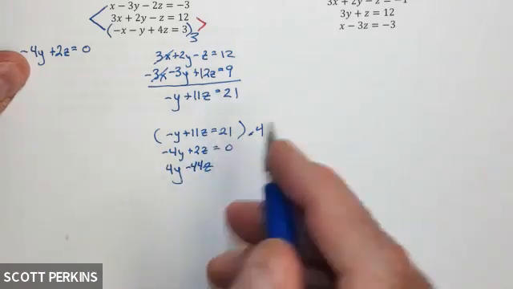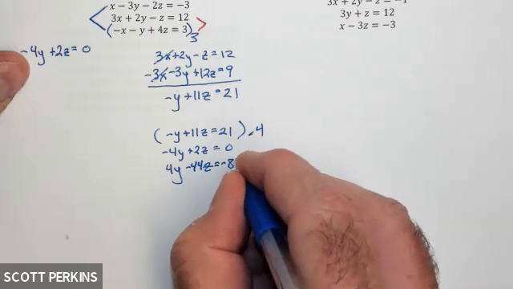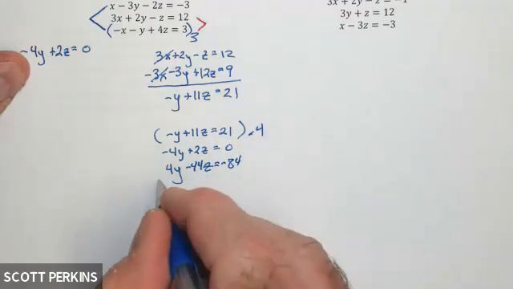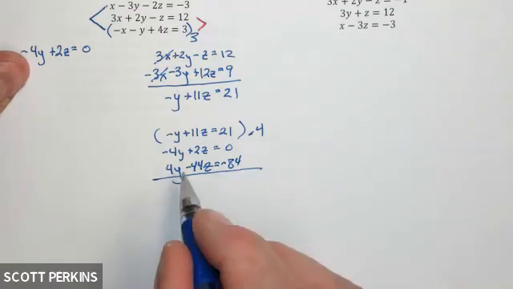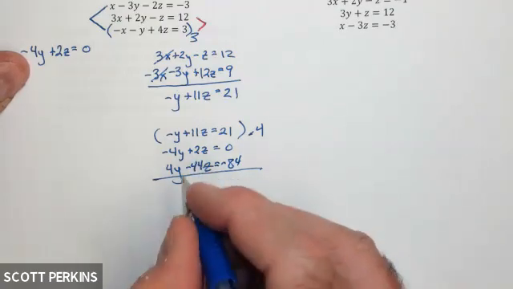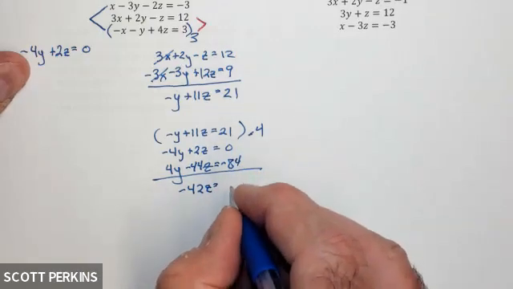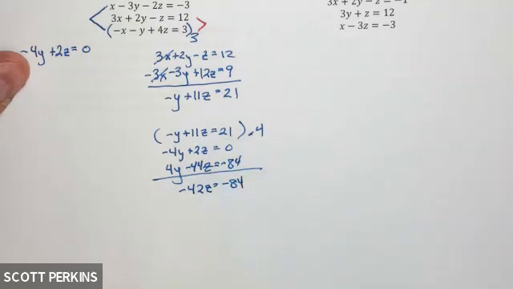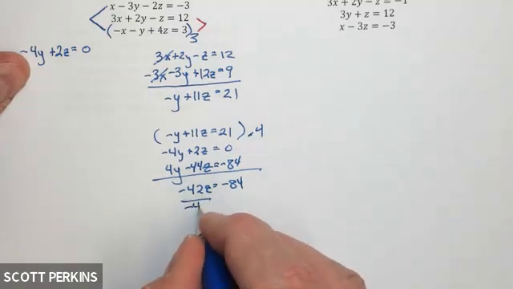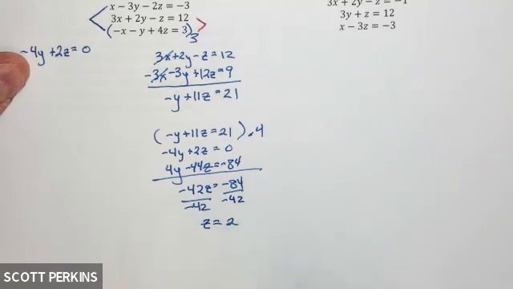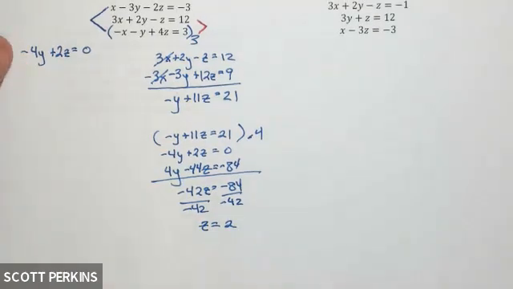And then negative 4 times 21 is negative 84. So 2 and negative 44 is negative 42z. 0 and negative 84 is negative 84. And when I divide both sides by negative 42, I get that my z value is 2. Oh, that's great. Happy day.